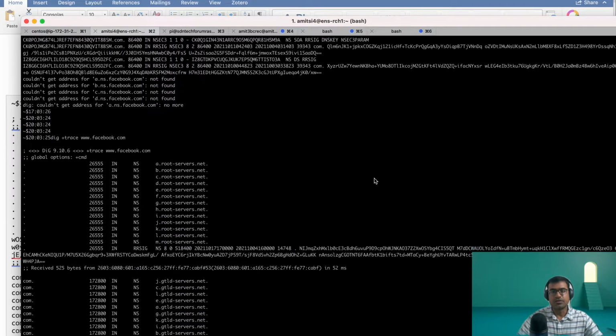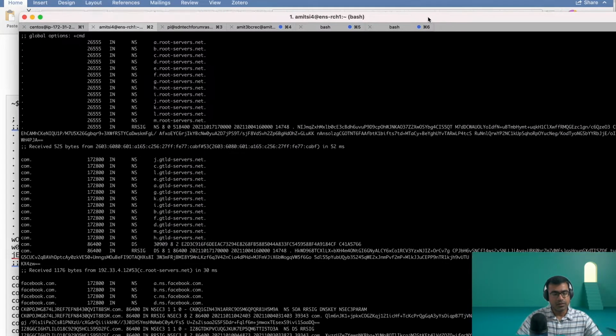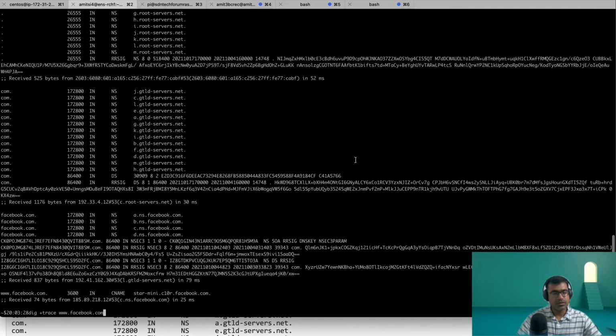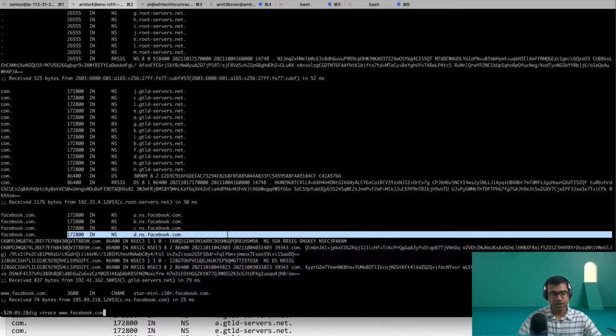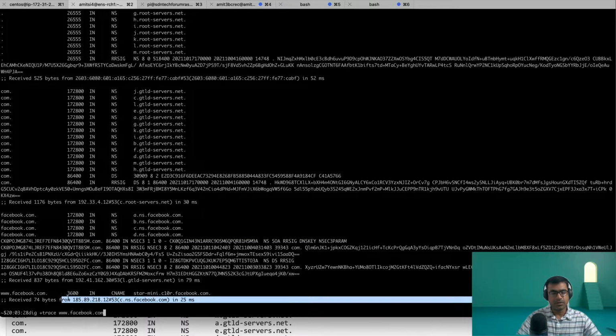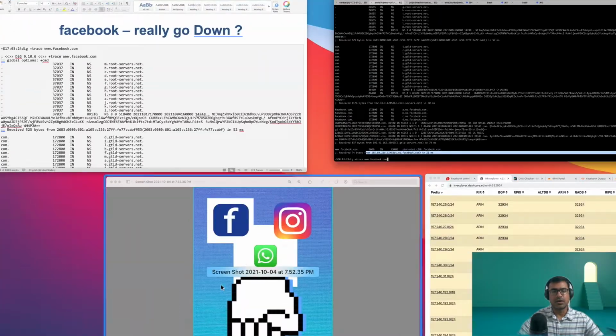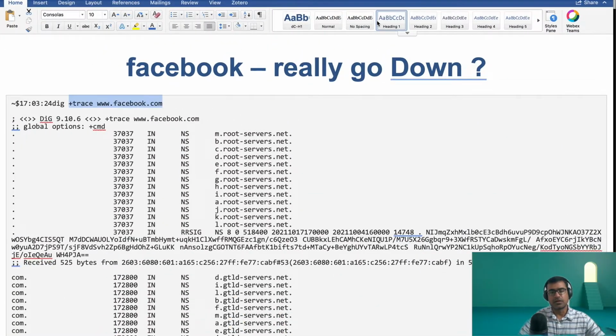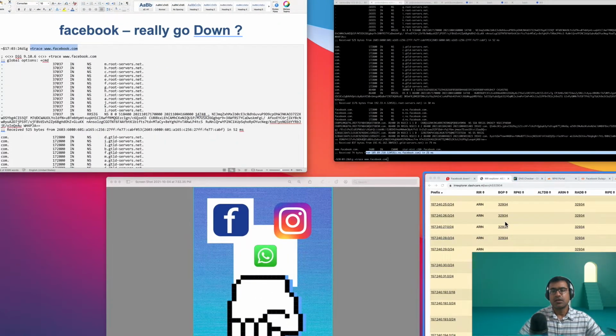I hope you can see my screen. Okay, now you can see I did the same domain dig, and now Facebook's name servers are replying, and I have got this IP address. So Facebook is up right now, but it went down, and it went down for a longer duration.